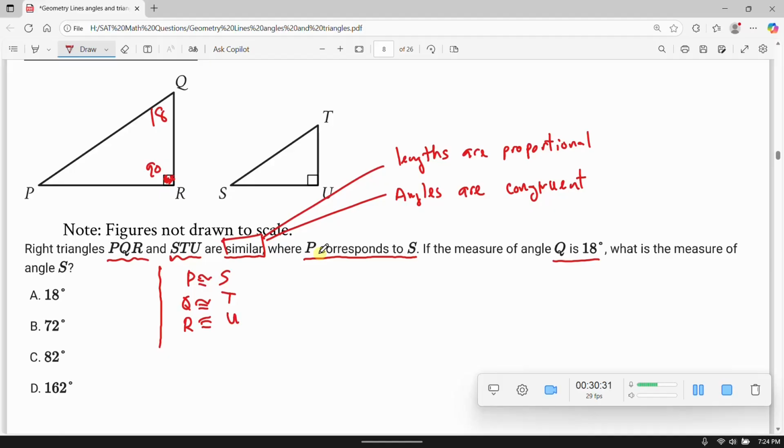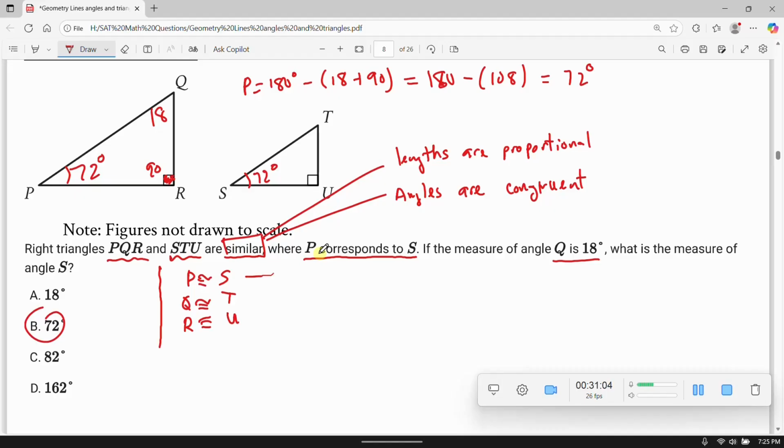And so the angle P is going to be 180 minus 18 plus 90. So that is 180 minus 108. So that is 72. So the angle P is 72 degrees. So angle S is 72 degrees because of this right here.